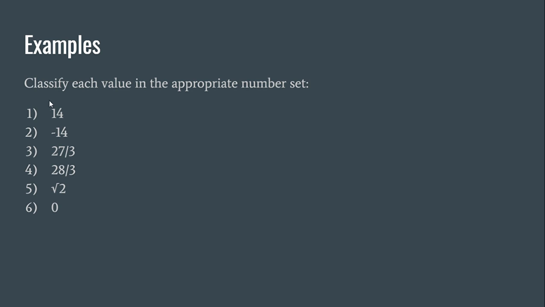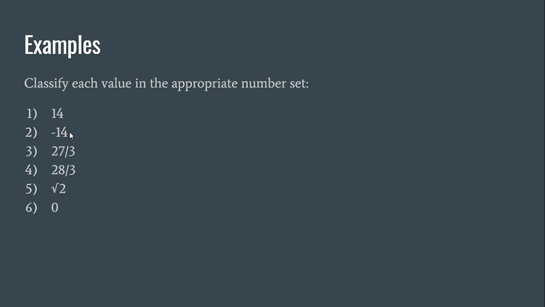So 14 is a natural number. It's also a whole number. It's also an integer. And because it terminates as a decimal, it makes it also a rational number. And since it fell into one of those categories, it's also a real number. So this falls into 5 number categories.